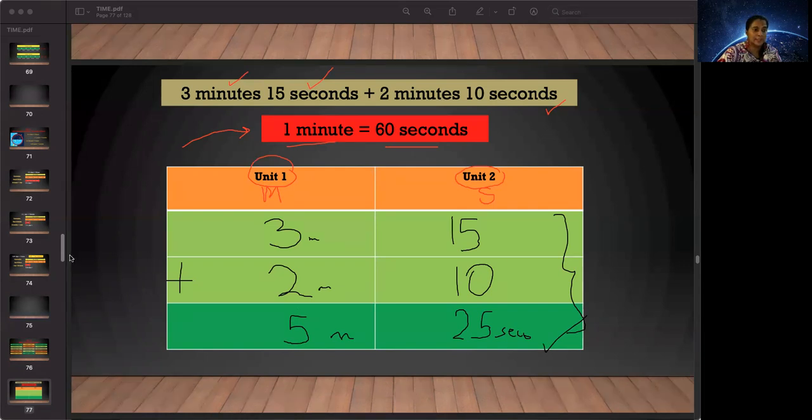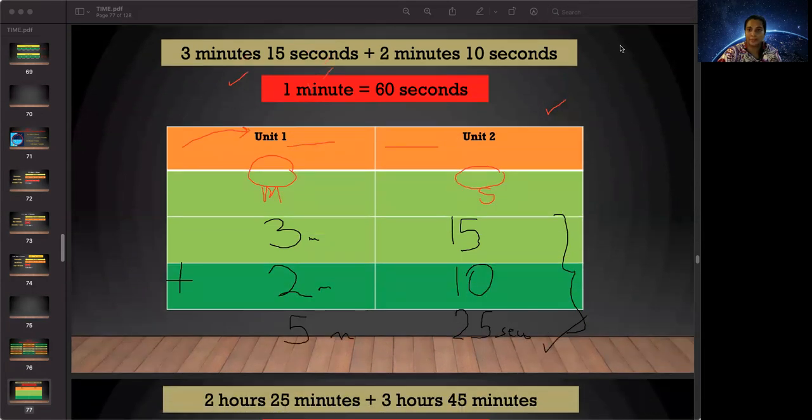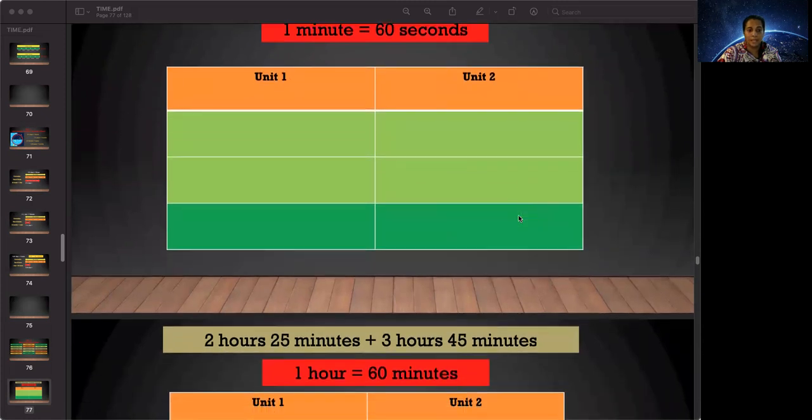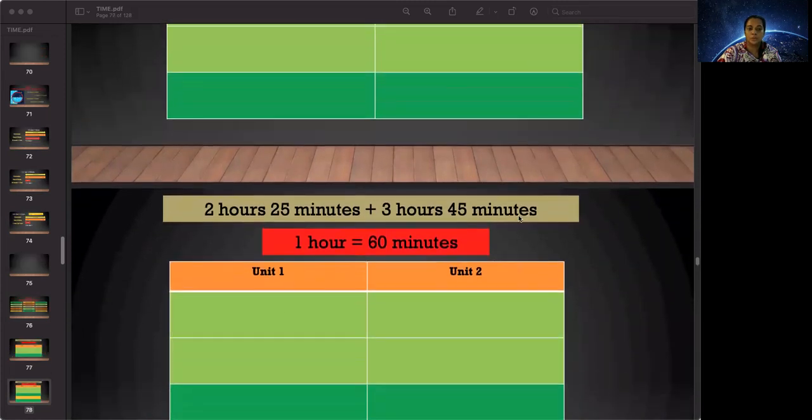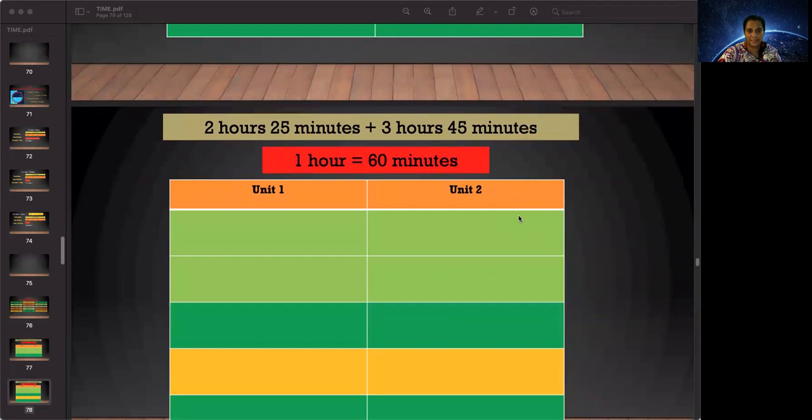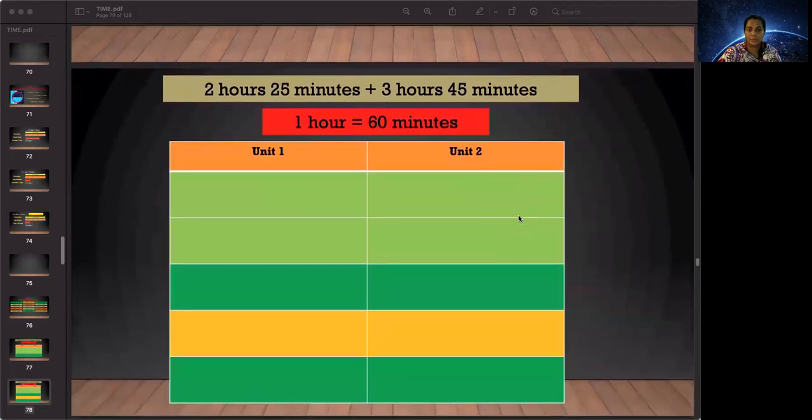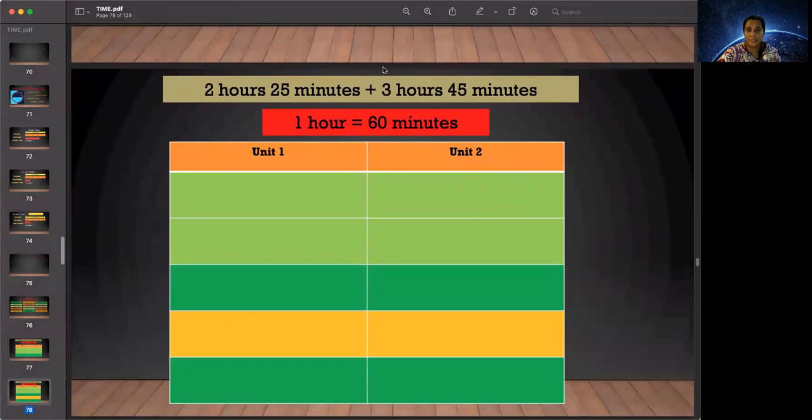Now let's look at other examples. How about 2 hours 25 minutes plus 3 hours and 45 minutes? Here we have the conversion of hours and minutes. 1 hour is 60 minutes, so keep this for your hours.